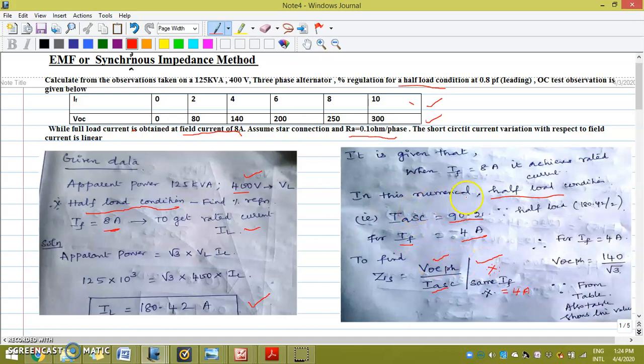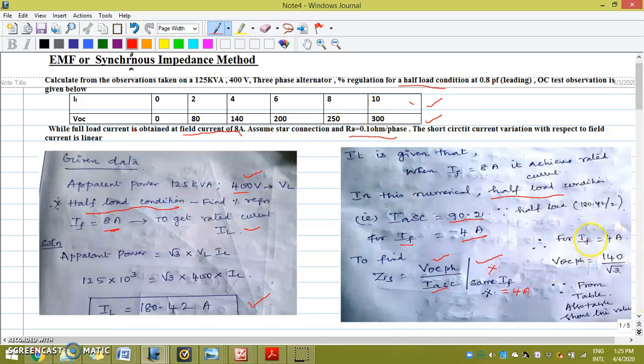Generally we need to draw the OCC characteristics and SC characteristics. From those graphs we will find the EMF per phase or VOC per phase, and then we will substitute that. But in this, fortunately, from the tabular column itself we can analyze and get those values.